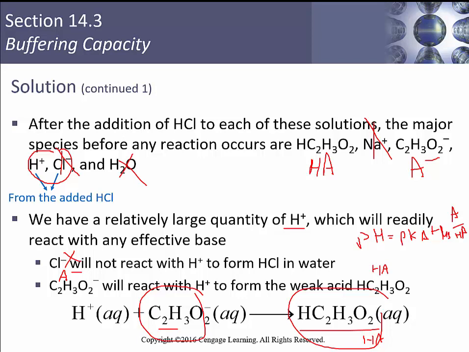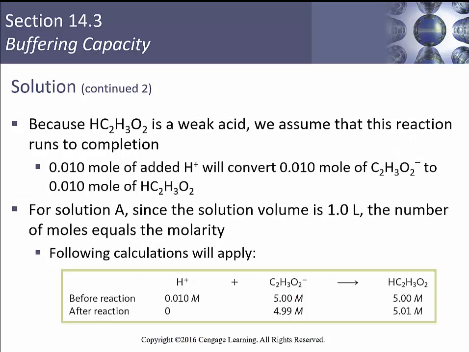And adding in H+ is going to drop our A- concentration and increase our HA concentration. Because it is a strong acid, we're going to assume that the reaction runs to completion, that the strong acid is going to beat up all of the weak base and turn it back into our conjugate weak acid. Our 0.01 moles of added H+ will convert 0.01 moles of our acetate into 0.01 moles of acetic acid.